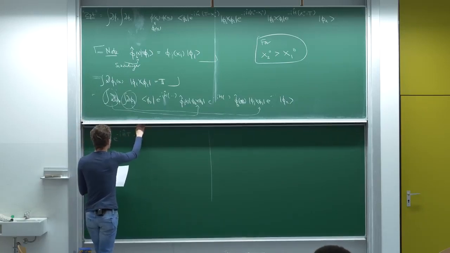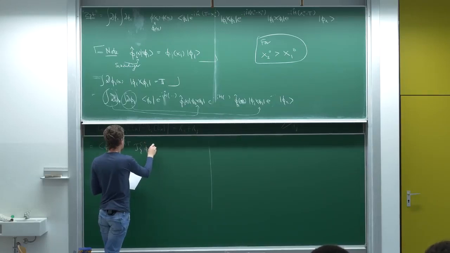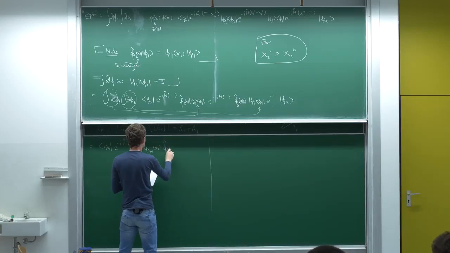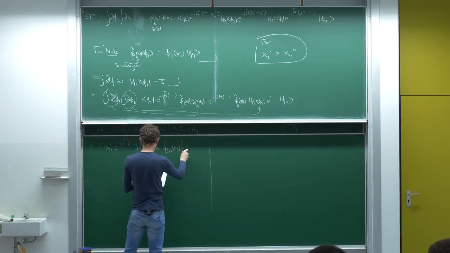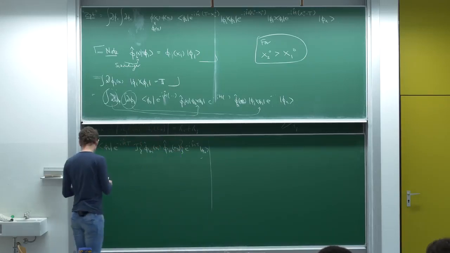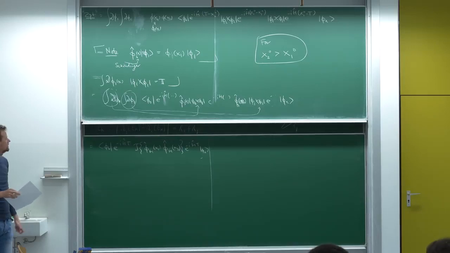The time-ordered expectation value of the operators in the Heisenberg picture. I believe there's a minus sign there. So that's something we've seen before.